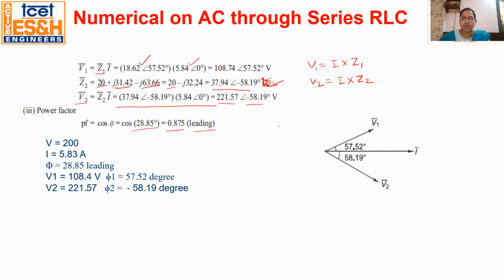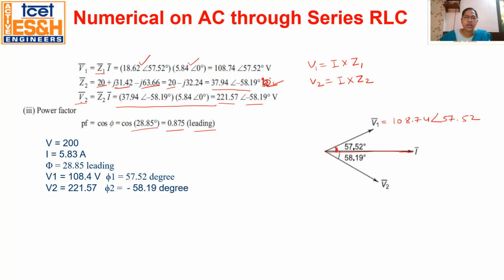So here we have two voltages, V1 and V2. We take I as a reference. You see that V1 has a magnitude of 108.74 and an angle of 57.52, which is a positive angle.